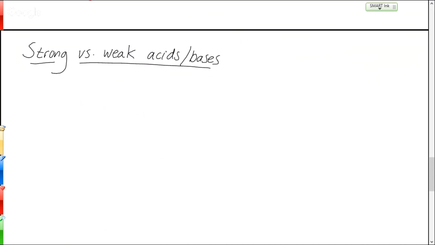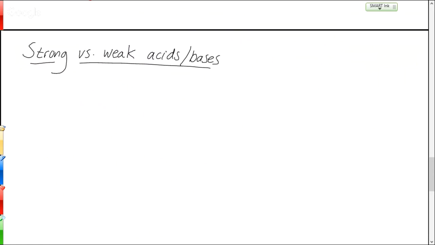I'm not even going to write it down, but we'll address it. That strong and weak has something to do with reactivity. That strong acids are the ones that are dangerous, that are going to burn you, that burn through the floors, all that kind of stuff. And weak acids are less reactive. That's not necessarily a wrong idea, but that's not how these things are defined.